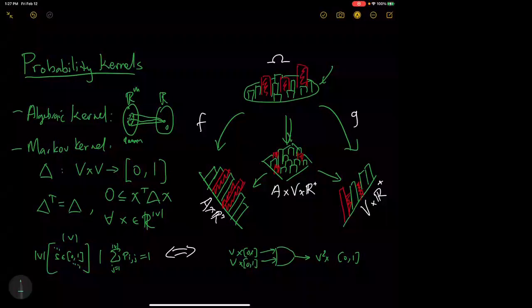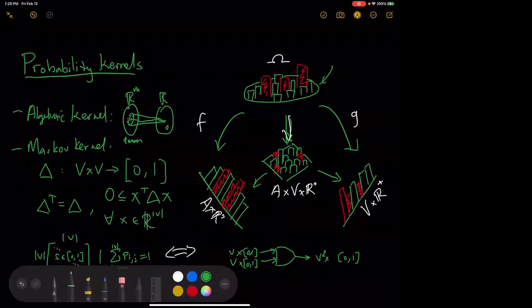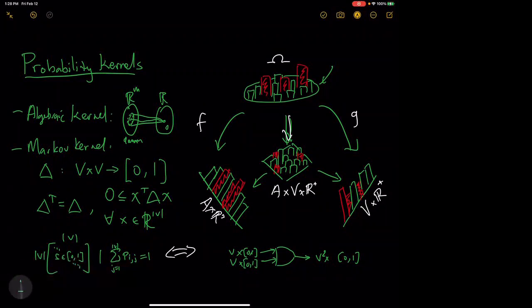So we take this arrow, and this takes us to the product space. And this is a matrix, or transition matrix, that tells us the probabilities of transitioning from one point in that space to another.